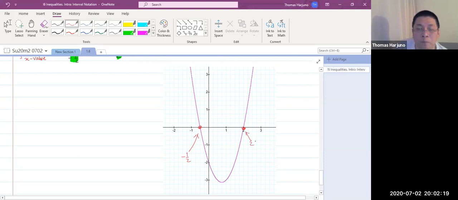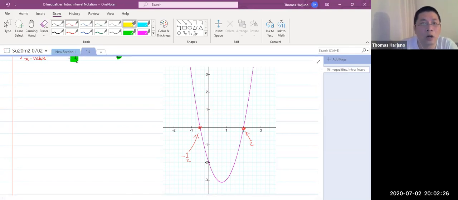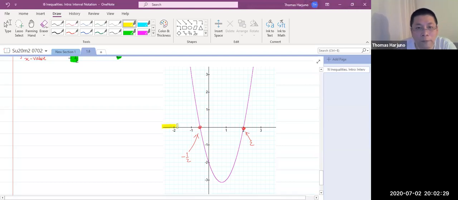Now, when we say we want to have greater than 0, it refers to which x values make the value of the expression positive. For x between negative infinity and negative 1/2, the value of y is positive. When x is greater than or equal to 2, the value of y is also positive. That's what we want.